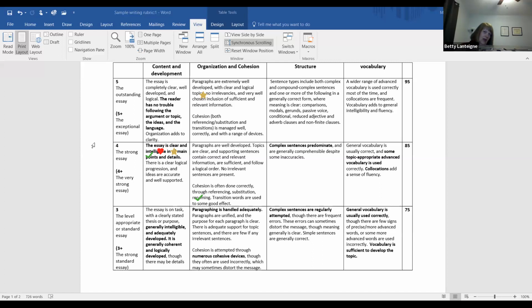That's what makes me move it up to a 4. But if I were in a norming session and everybody else was saying 3+, I would not have a problem with saying 3+. But I cannot say that there's extensive or frequent incorrect use of cohesive devices. Okay, we'll give it a 4.